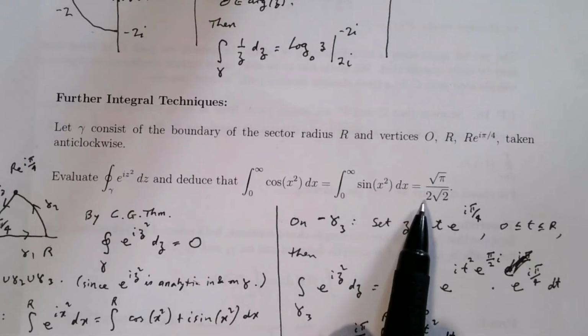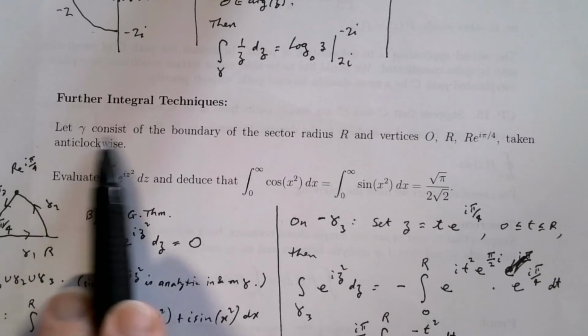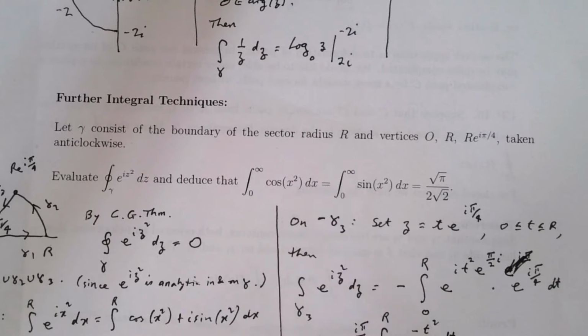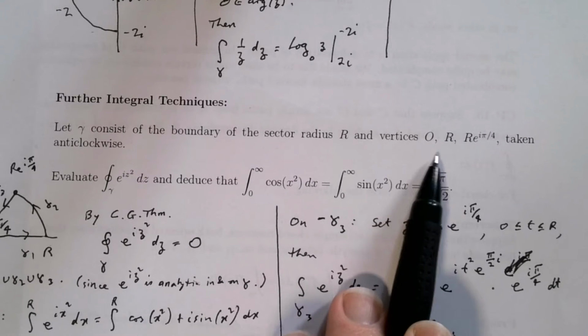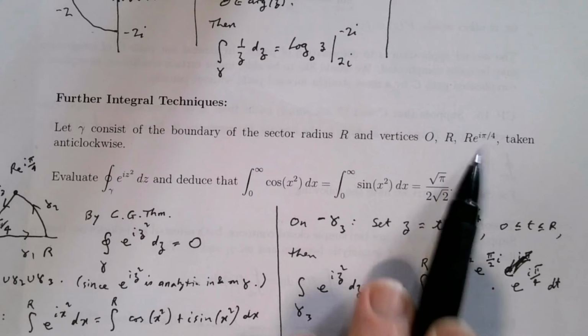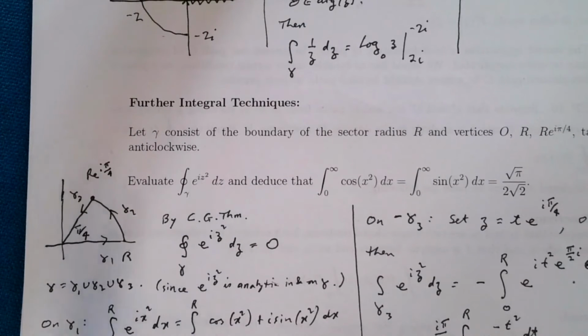So here's the detail. We're going to let gamma consist of the boundary of a sector of radius r with vertices 0, r, and r e to the i pi on 4, taken anti-clockwise. So here's the picture. Here's our contour.